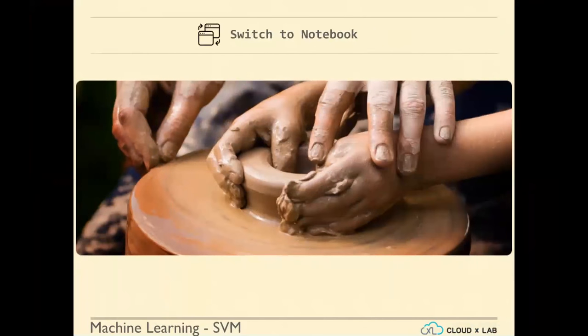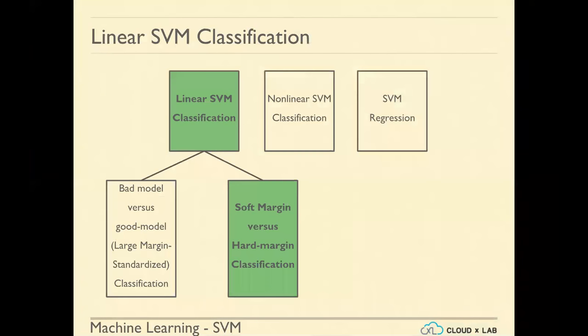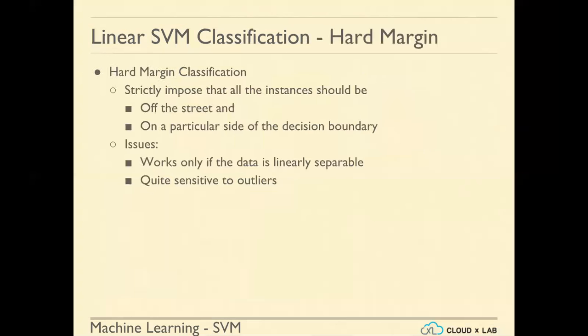Great. Now let's understand the other terminology. One thing we understood was standardization. The other part of the SVM is soft margin versus hard margin. All we are trying to do is maximize the margin.